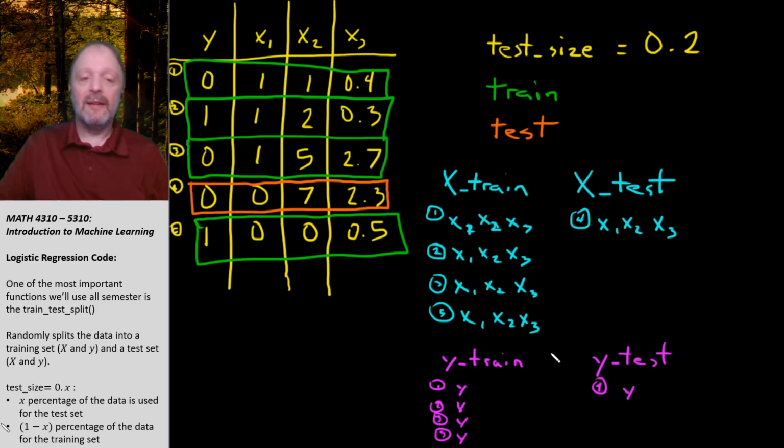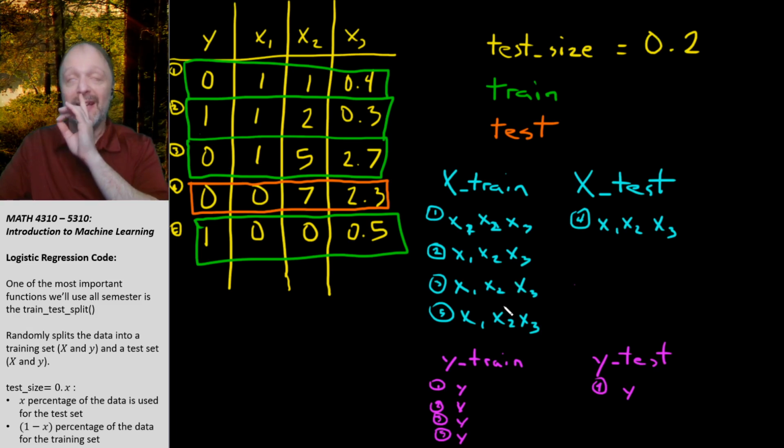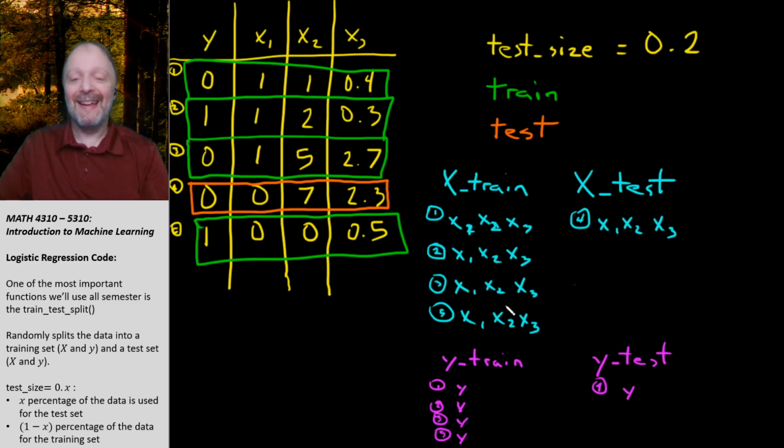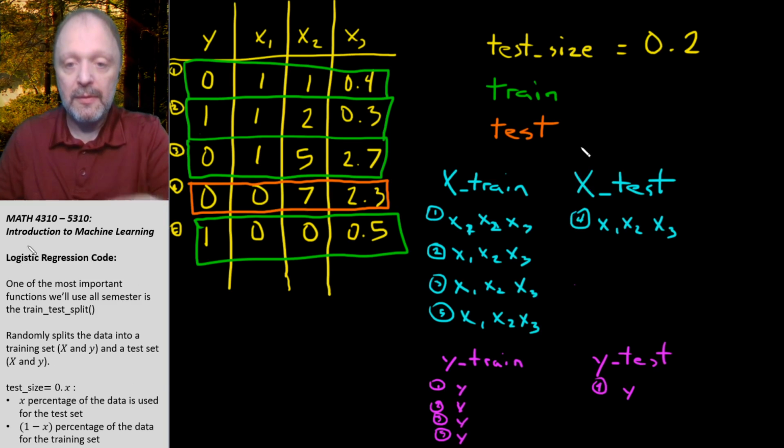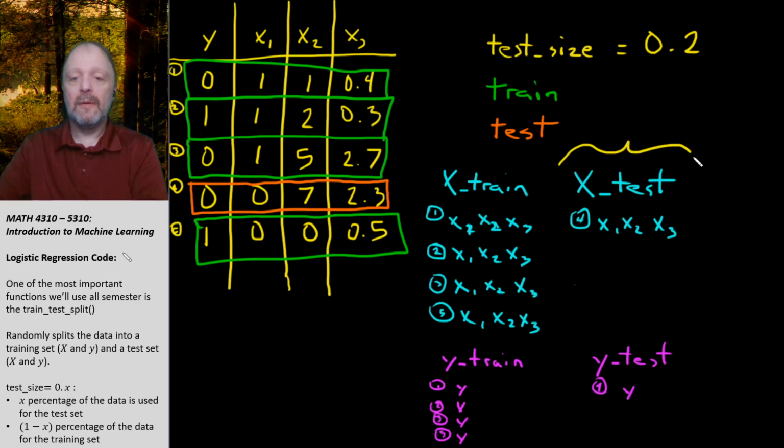So it randomly sorts them into test examples and training examples based on this percentage. And it is important to remember that it's holding all of these values right here until after training has been done.